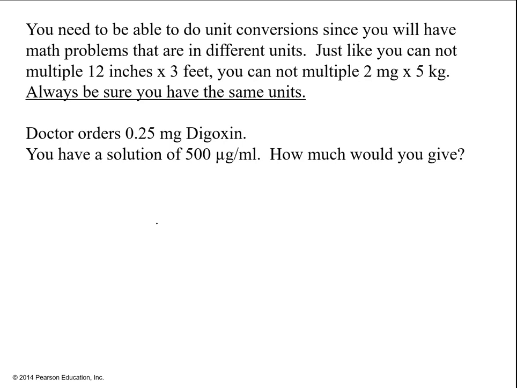So when you look at this, things you can always think of are, okay, things that I know. So things that I know: I have to give 0.25 milligrams of this med. Okay, don't really care what the med is. It's really the number that I care about. And I know the concentration.